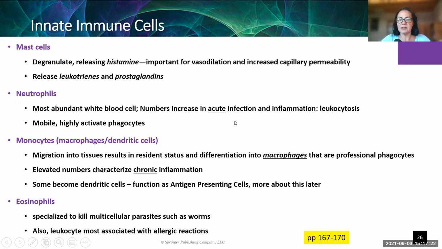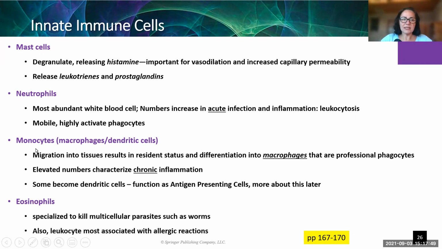It's early on in the infectious process. So we get an increase in the white blood cell count, leukocytosis. These are highly mobile cells. They can actually leave the blood vessel. They're the coolest thing. They slip out between the endothelial cells and can move like amoebas and go after bacteria. It's fantastic.